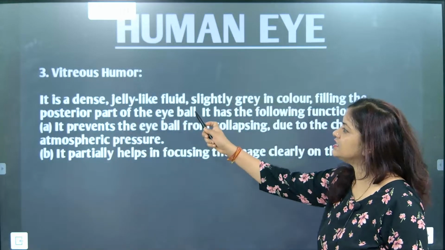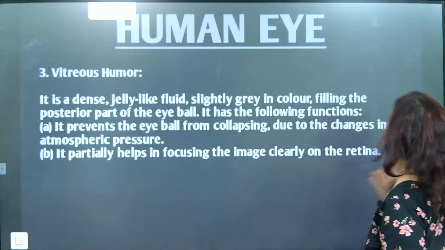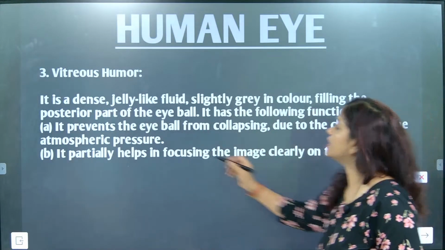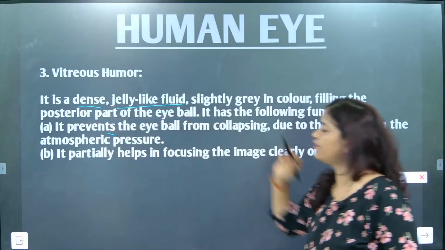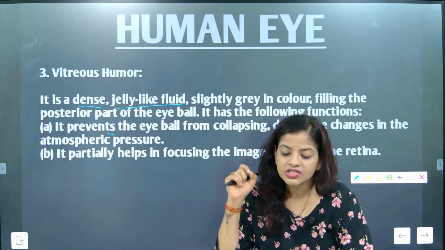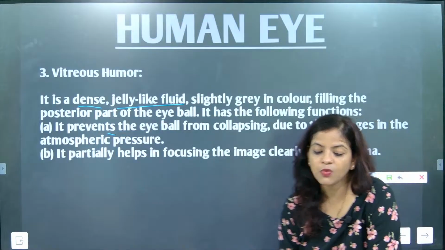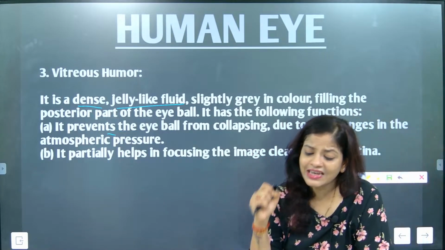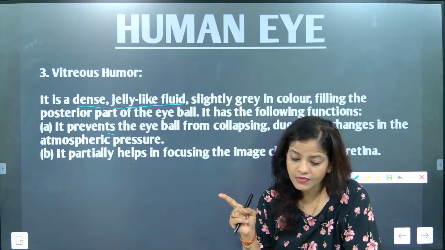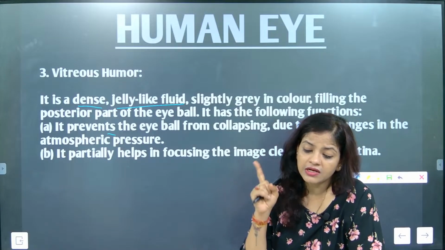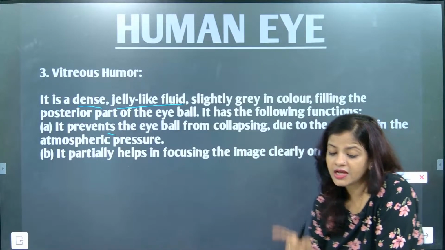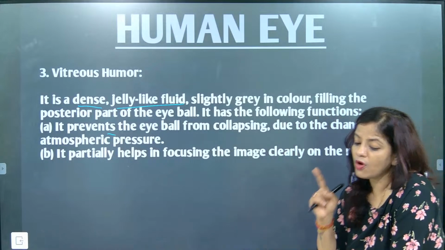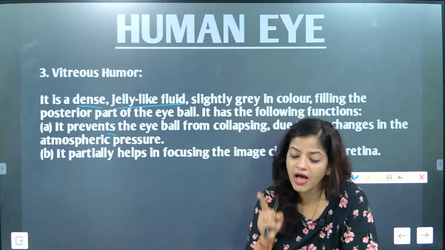It is a dense, jelly like fluid, slightly gray in color, filling the posterior part of the eyeball.